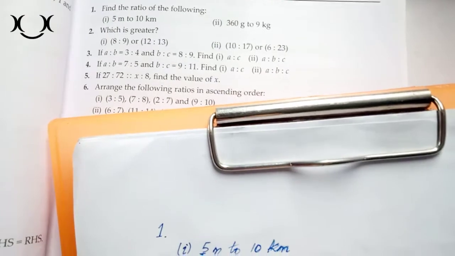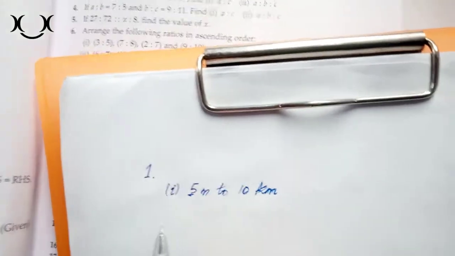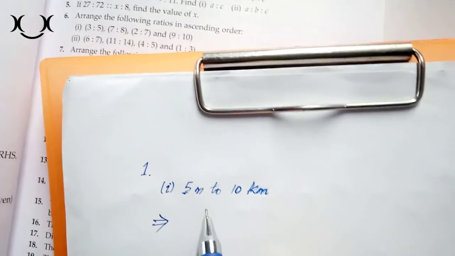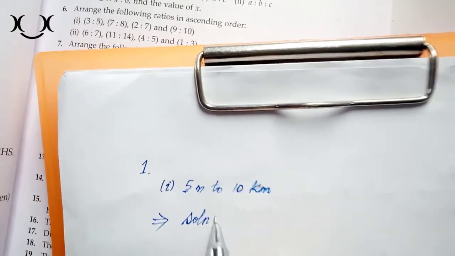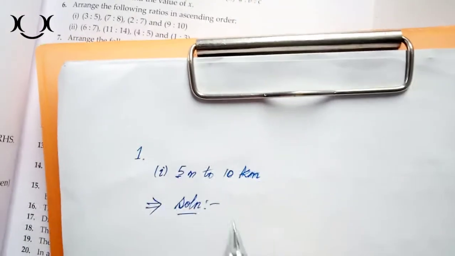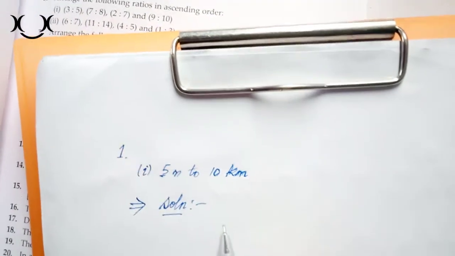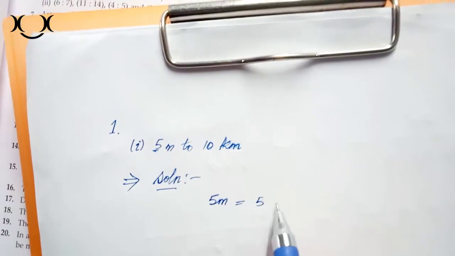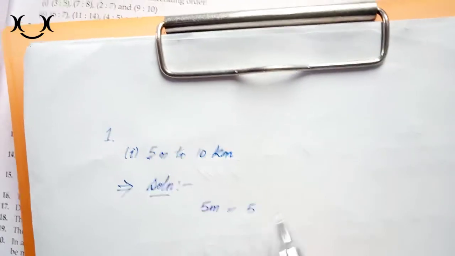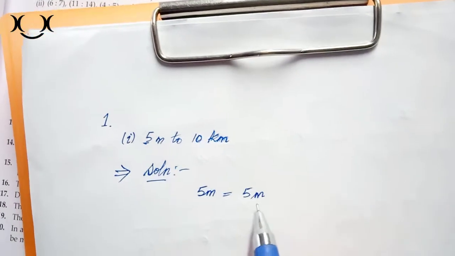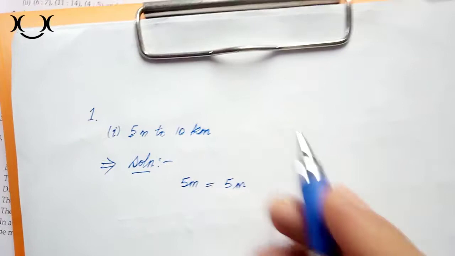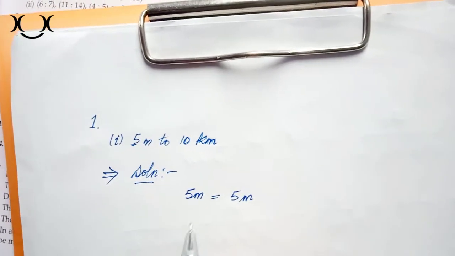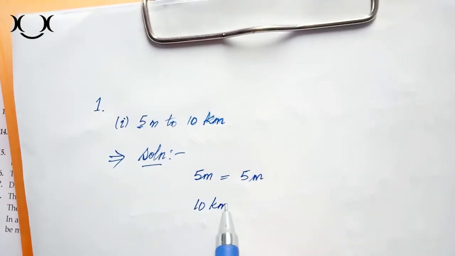First of all, to put this in a ratio, I need to convert one of the units. Here, I will not convert meter into kilometer, but I will convert kilometer into meter, because kilometer is greater than meter. 5 meter is equal to 5 meter.